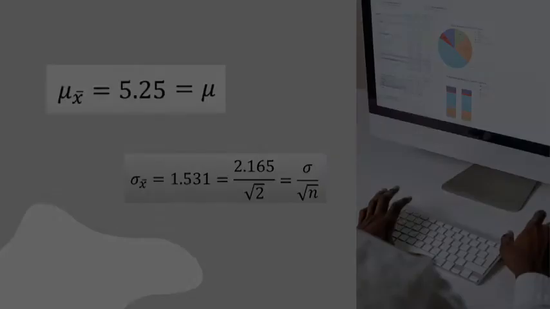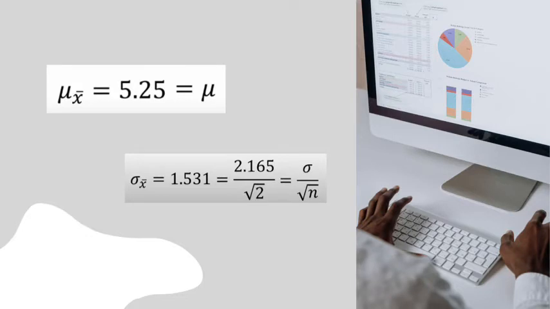We find that the mean of these sample means is 5.25, which is the same as the mean of the original population. The standard deviation of the sample means is 1.531, which is equal to the population standard deviation divided by the square root of the sample size used, which is 2, that is sigma over square root n.